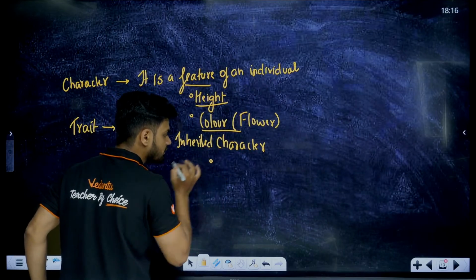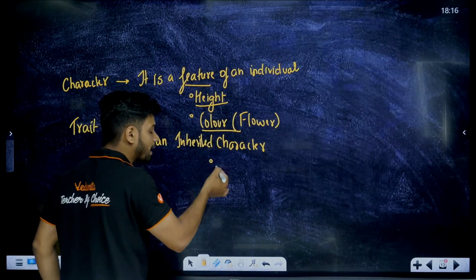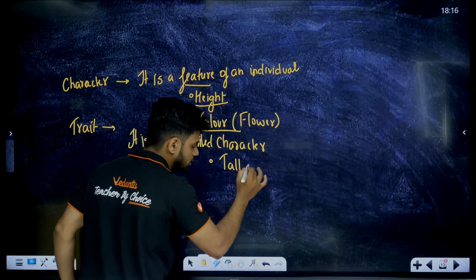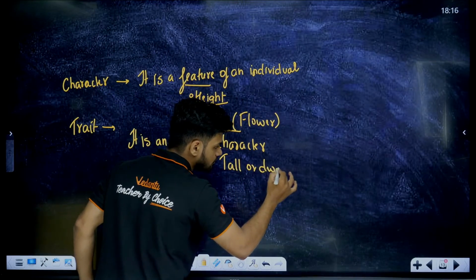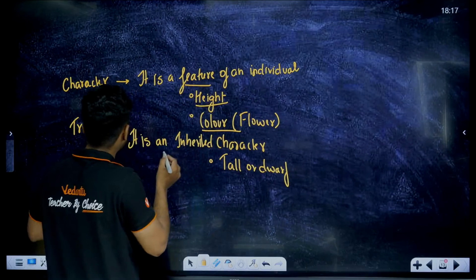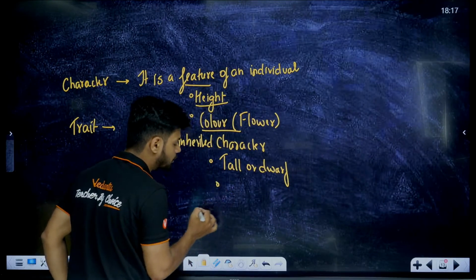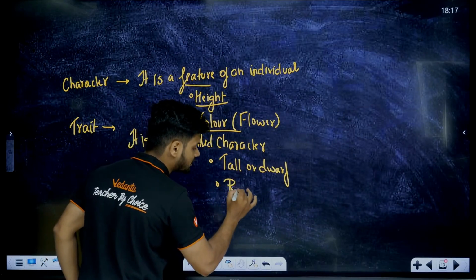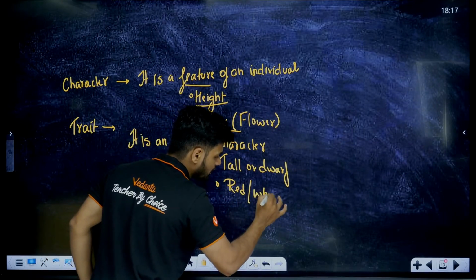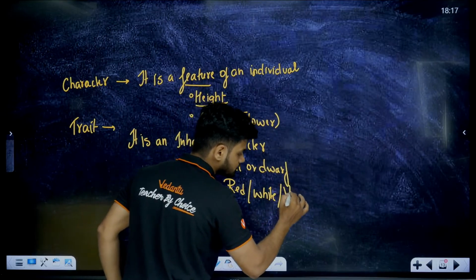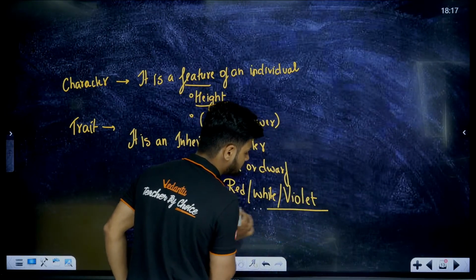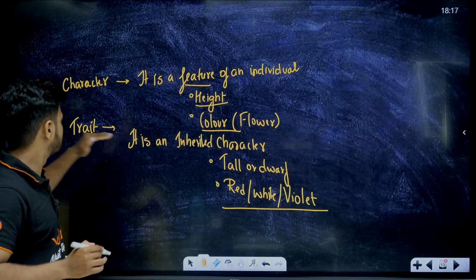In the trait we'll talk about whether the plant is going to be tall or dwarf. In the character we spoke about color of a flower, but in the trait we'll talk about which color it is. Is it red, is it white, or is it violet? That falls under your trait.